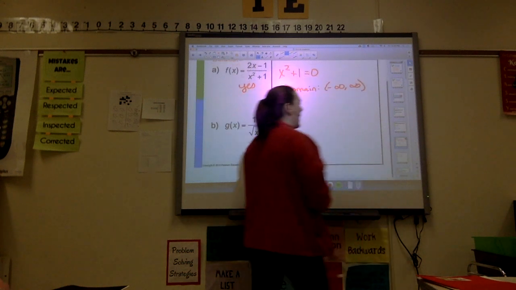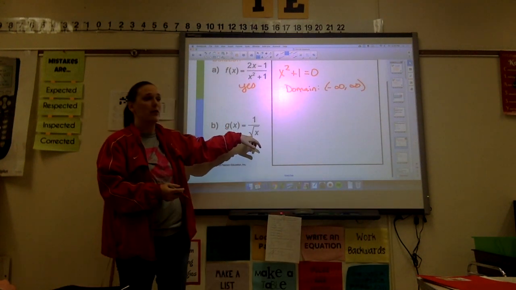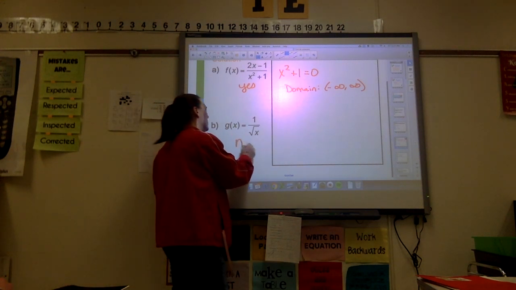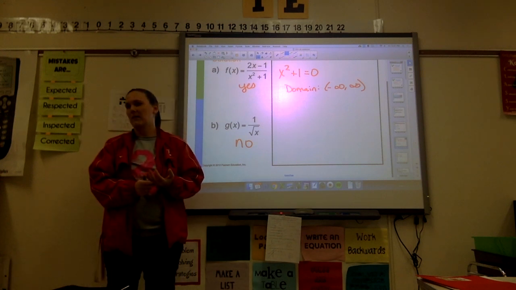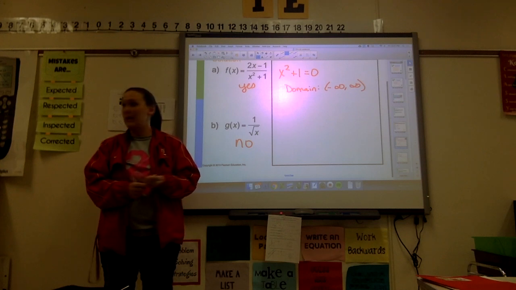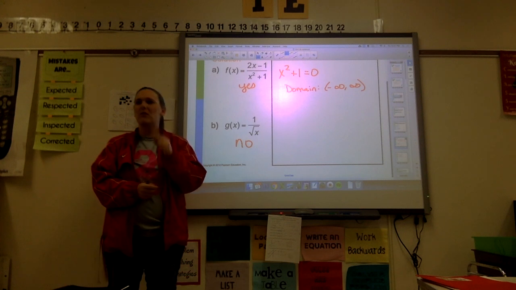Okay? Question B. Is question B a rational function? No. It is not. Square root is not a polynomial because that's that fractional exponent. So this is no. Just for the fun of it, what would be the domain? What can't x be? X cannot be 0. We cannot take 1 divided by 0. There's more to it than that, though. What else can't it be? Yeah.